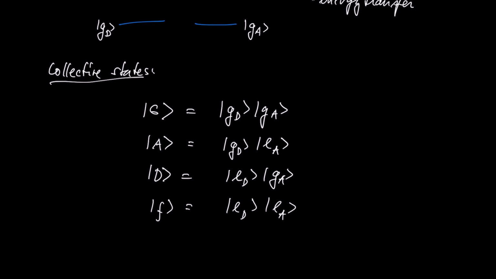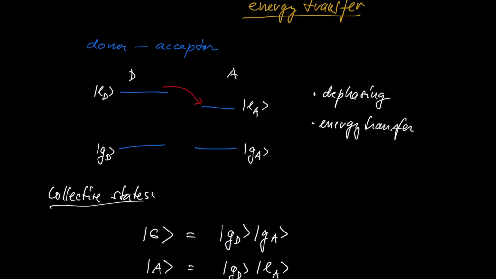Why I was a little bit hesitant to add this state, the thing is, if we populate, for instance, the excited state of the donor, we cannot expect that somehow that energy, well, there will be basically no way how we could populate the two states ED and EG at the same time in that form, because such a state would have an energy that is a sum of the two energies. And we have a conservation of energy in this system.